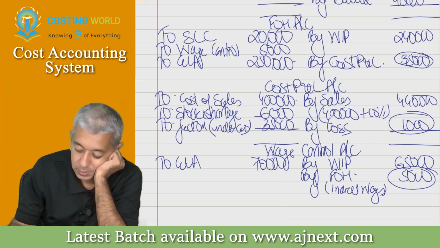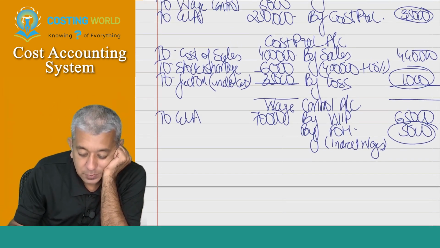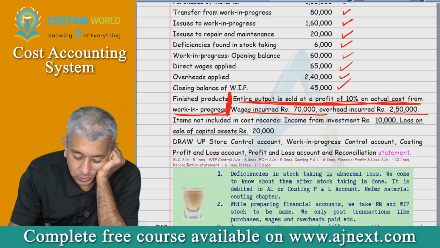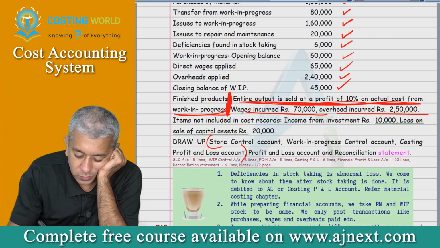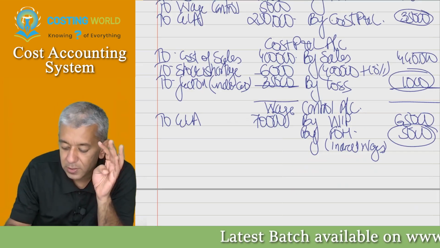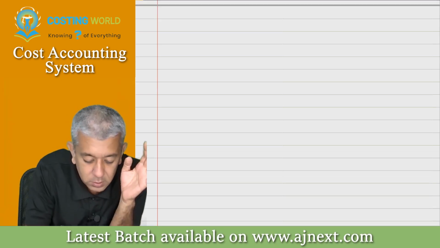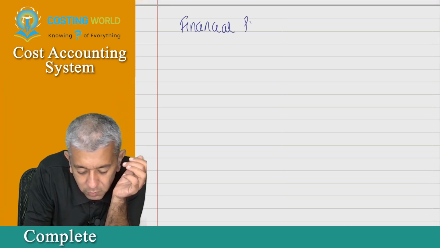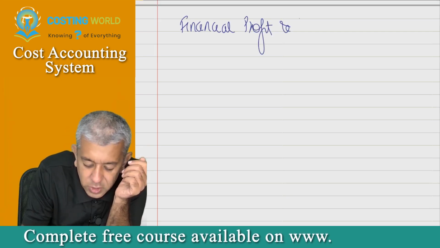Done. Now see, listen. What we had to be doing? Now, this was part first of the question. Second, P&L account. Now listen, you are not going to be doing it. Listen, I'm going to be doing this. You all don't do. Listen, because one note I'll have to give you before you all make this account. Financial profit and loss account.